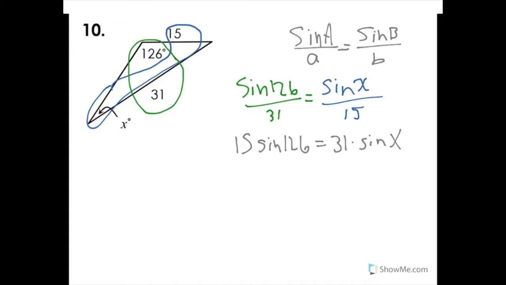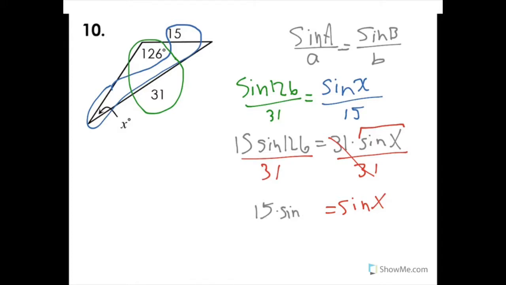Now we need to get the sine of x by itself first, and then we'll do the inverse. So we're going to divide by 31 to both sides. And you get sine x is equal to 15 times the sine of 126 divided by 31.